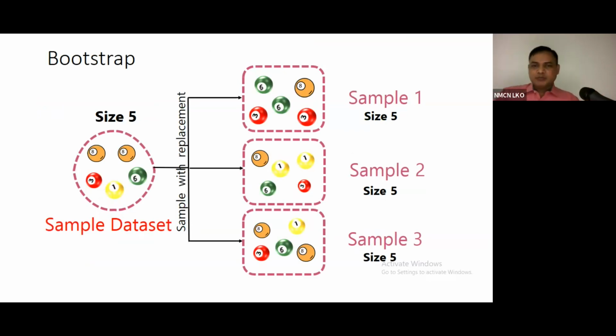This is the overall summary presentation of bootstrapping. We have a sample of size n, and from this sample we have generated 3 different samples by using the original sample.